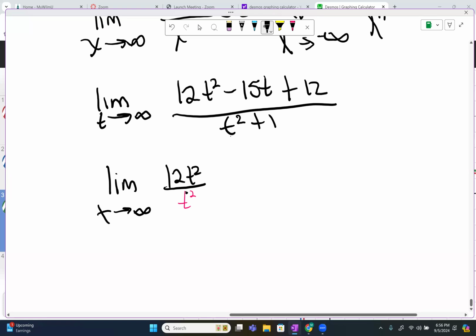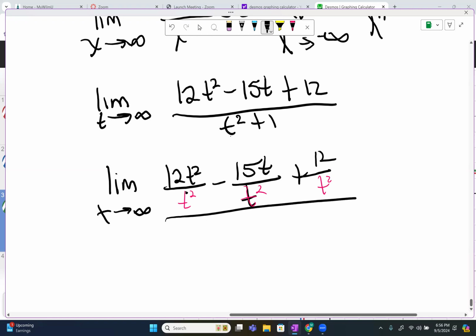This is minus 15t over, again, t squared, plus 12 divided by t squared. And all of this is over t squared plus 1. And both of these are also divided by t squared.